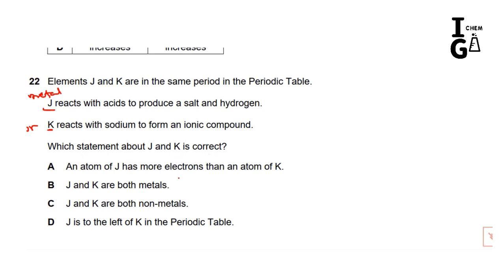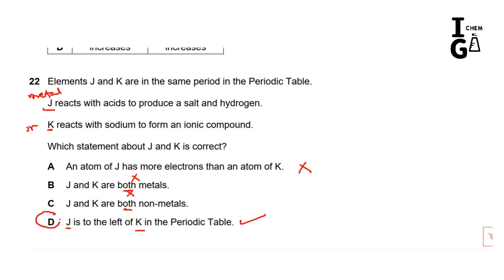An atom of J has more electrons than an atom of K. This is not correct. J and K are both metals. The word both here is not correct. Also here both is not correct. J is to the left of K. We said J should be a metal, to the left of K in the periodic table, so this is the correct answer.